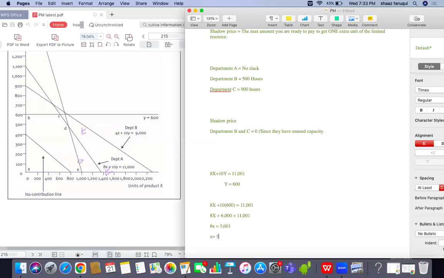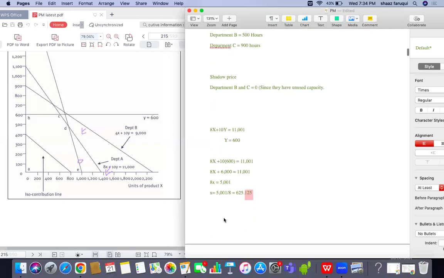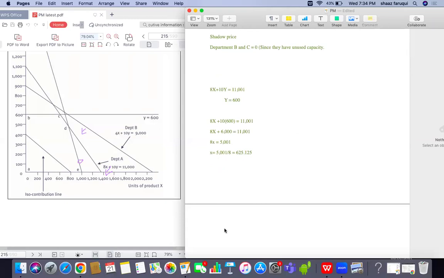X is equal to 5,001 divided by 8, which is 625.125. See, by just getting one extra unit of department A, you can make 0.125 x's more. And because of that, what happens to your contribution?